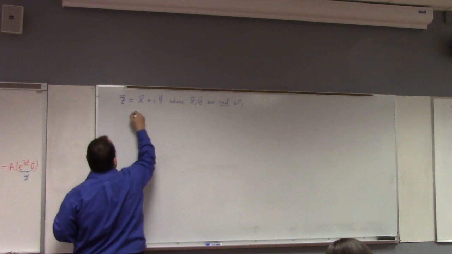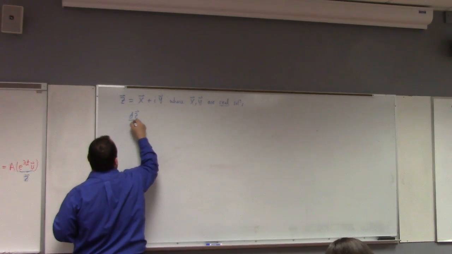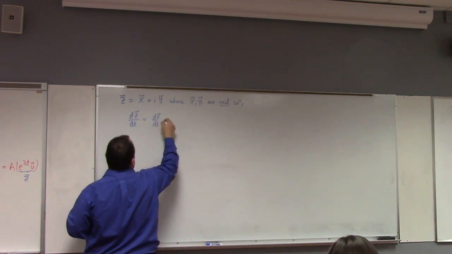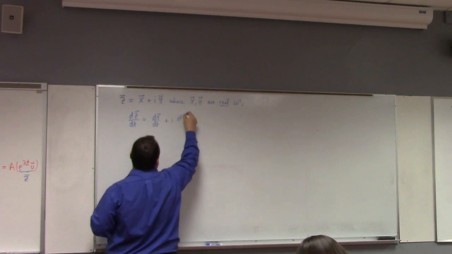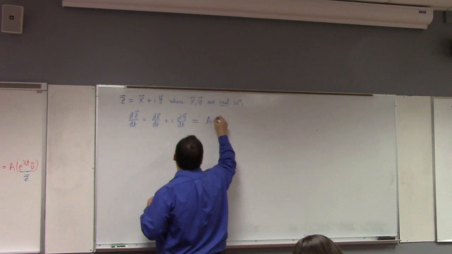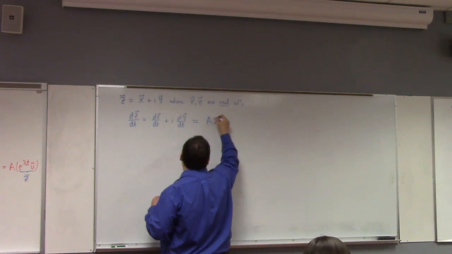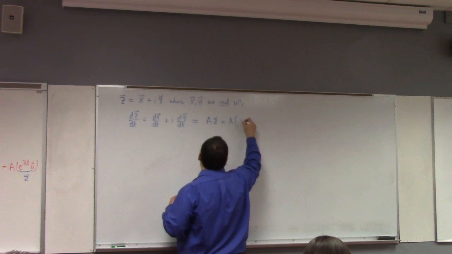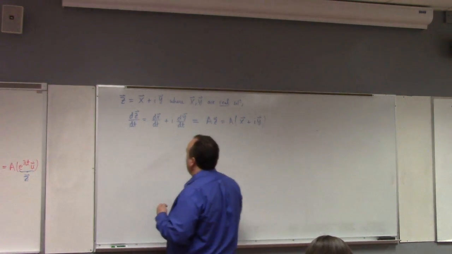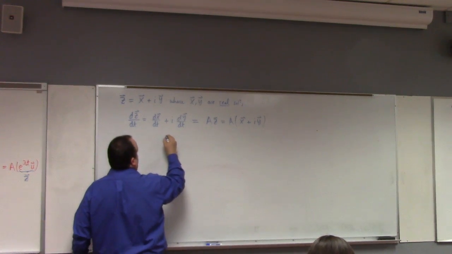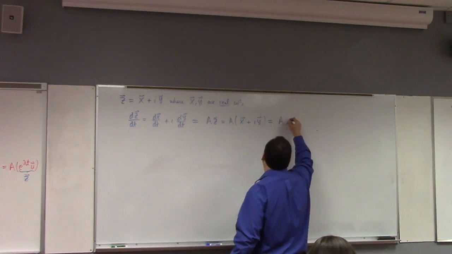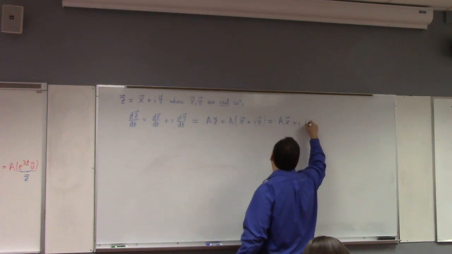How do you calculate a derivative like this? You just do it component-wise. So dz dt is dx dt plus i times dy dt. And that's going to be equal to A times z, which is A times x plus iy vector. You can multiply this out, so here we have Ax plus i times Ay.